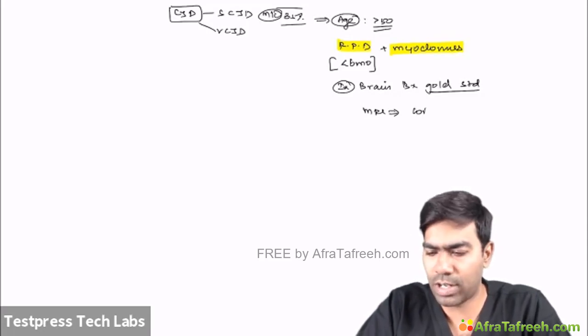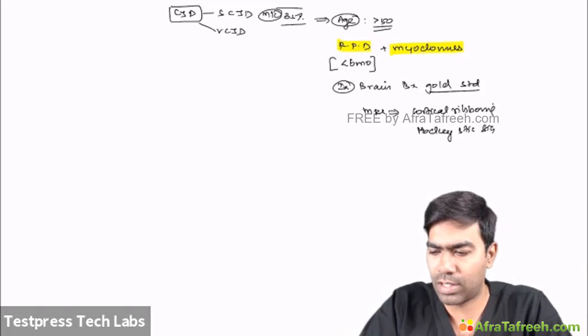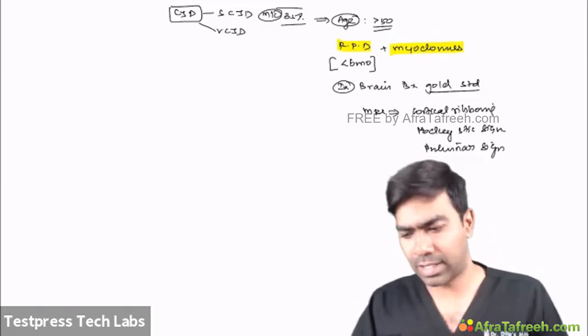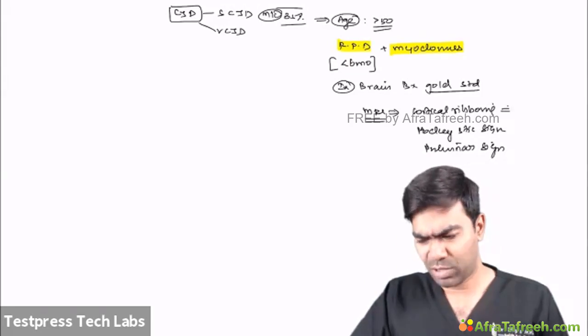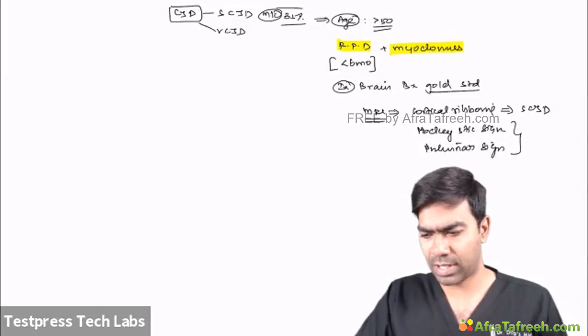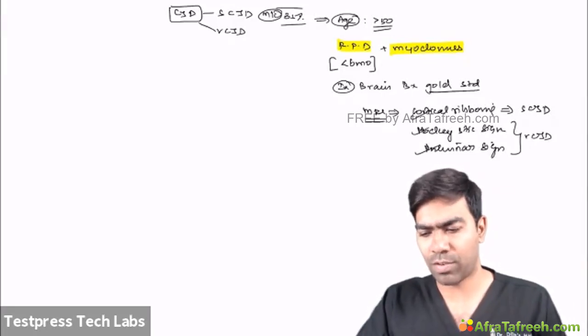One is called cortical ribboning, the second is called the hockey stick sign, and the third is called the pulvinar sign. All these signs have been asked in exams: hockey stick sign, pulvinar sign, cortical ribboning. All these are classic findings in MRI. Cortical ribboning is very commonly seen in sporadic CJD, and the hockey stick sign and pulvinar sign are commonly seen in variant CJD. But nevertheless, all these are important for exams.